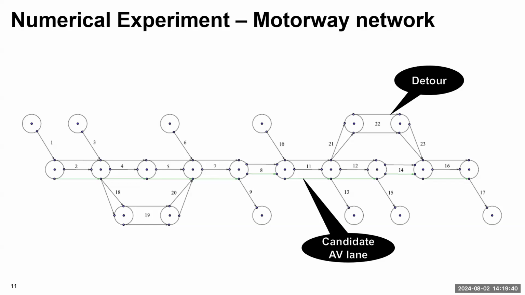But the AVs can only perform like AVs when it is actually switched to an AV lane. They should perform like legacy vehicles when they are on a regular lane. So only when we see the benefit in total system travel time. So is there a scenario where link 8 converted to an AV lane benefits total system travel time?